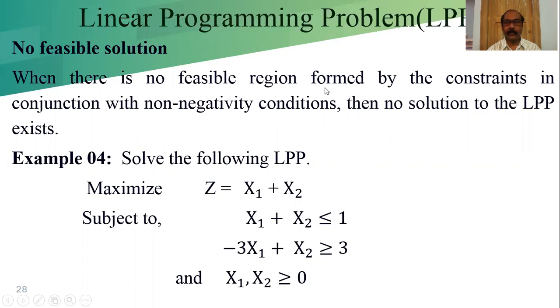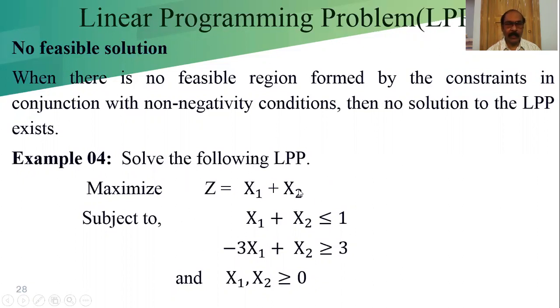If the feasible areas of the constraints have no common area, we say there is no feasible region for this problem, so we cannot find the objective value of this function. Then it is known as a not feasible solution.